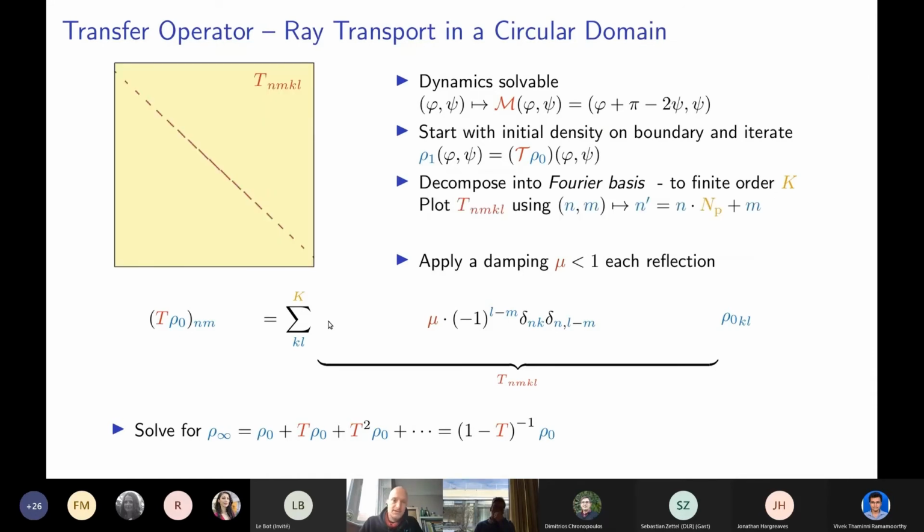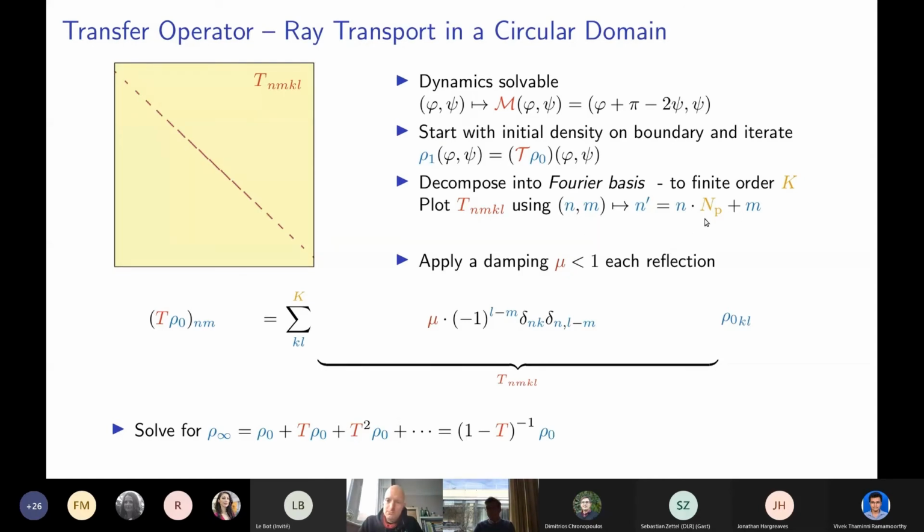Having said that, here's a plot of how this matrix would look like. So this is just a visual representation of these two Kronecker deltas. In order to get this 4-indexed monster down to a 2-dimensional plot, you have to somehow fold 2 indices into 1.